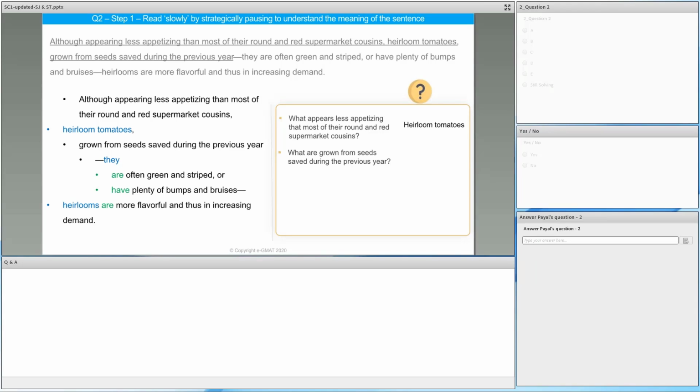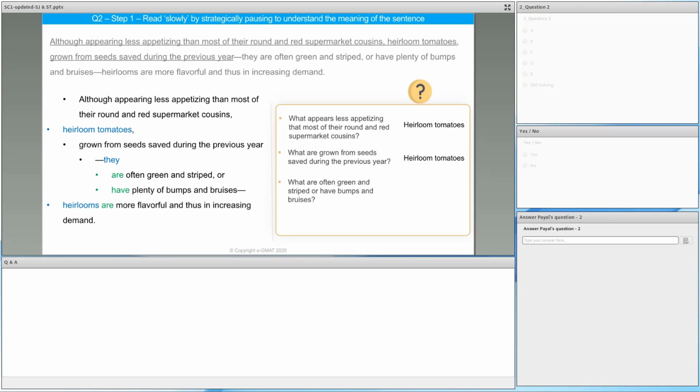Guys, use the pod to the far right of your screen, not the Q&A pod, the short answer pod where it says answer question 2. All right, awesome. So it looks like all of you are saying again, heirloom tomatoes.